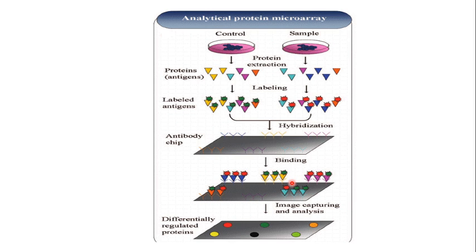What I mean by this is that you are going to see the differentially regulated proteins, which proteins are expressed in the sample condition, in the treated condition, and which proteins are expressed in the control condition. So the analytical protein microarray can show you the differential expression of the proteins under the control and the treated condition.